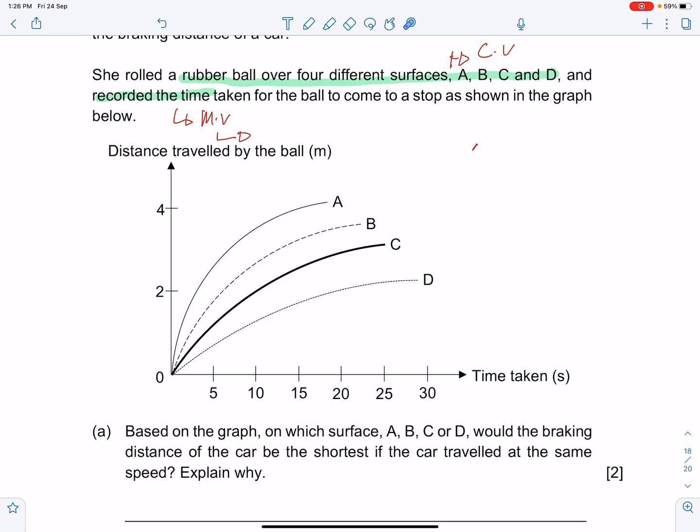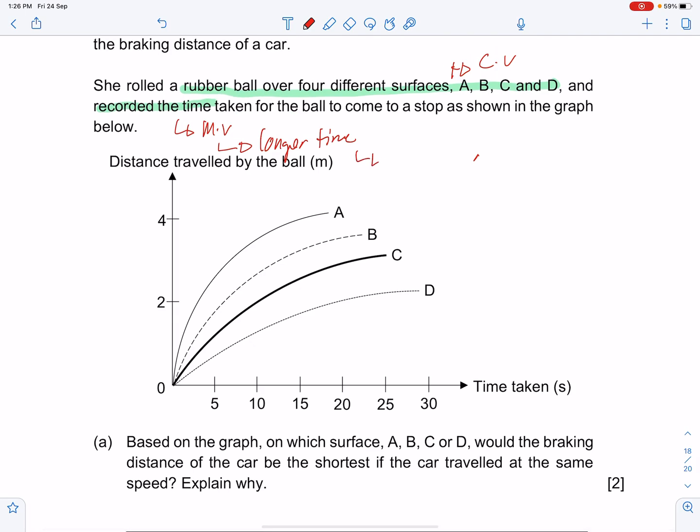So basically, the longer the time that it takes for it to come to a stop, it means that it's actually less friction. My apologies. Because if something has more friction, it should take less time to come to a stop.